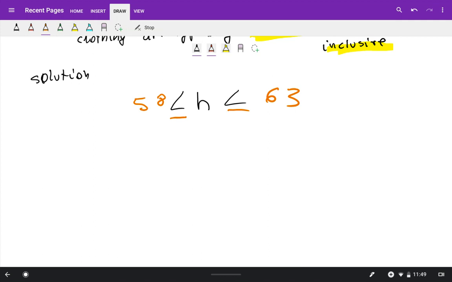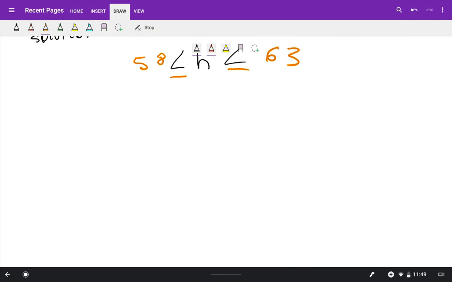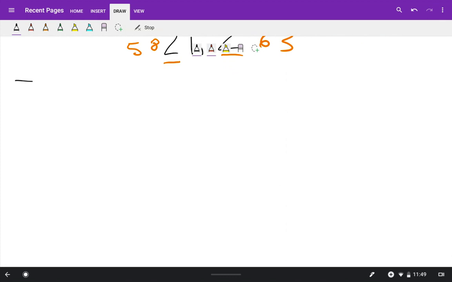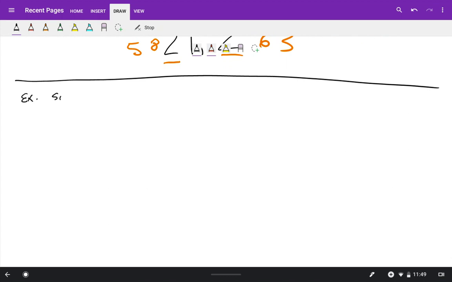Okay? And one more word problem. I know it's a lot, but I want to do one more word problem, which we did something very similar with equations. Solve the word problem using inequalities.